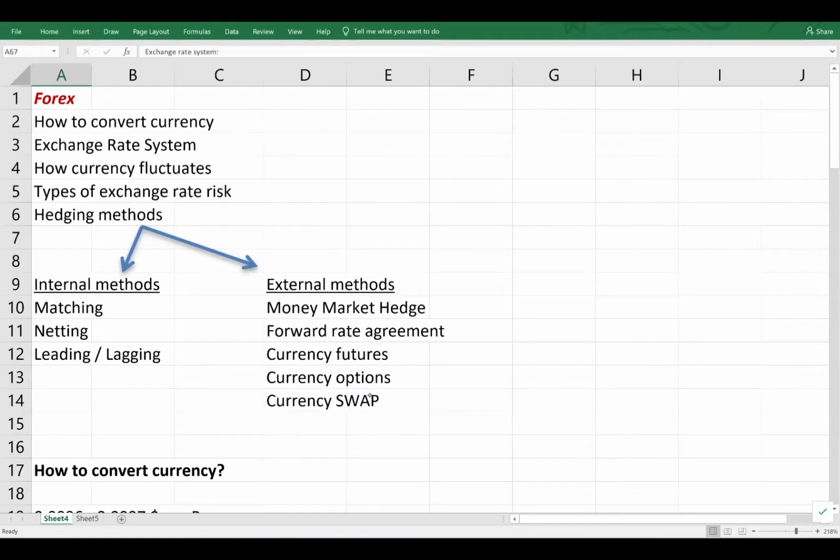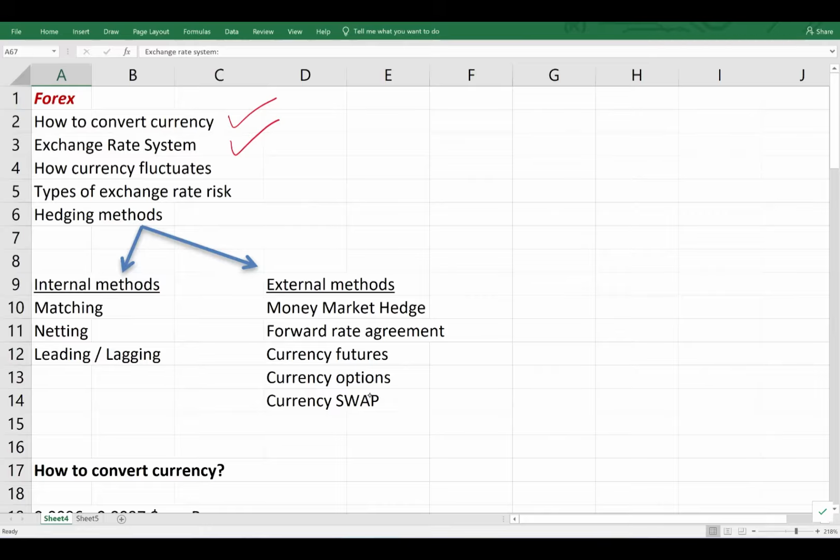Forex or foreign exchange. We will learn about how to convert currency first of all. So let's say you have one currency and you want to convert into another currency. What is the way, what's the medium? We'll understand it. Then we will learn about exchange rate system.